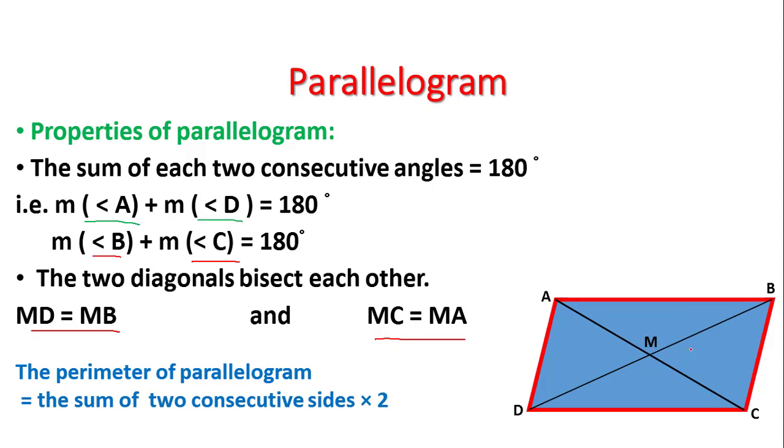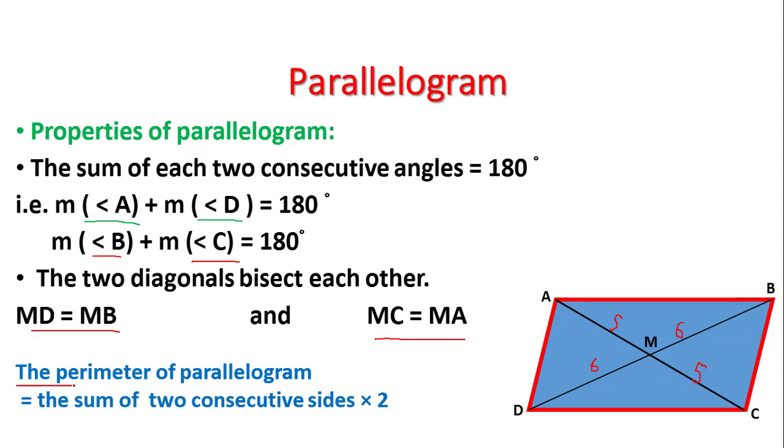But the two diagonals are not necessarily equal in length, but they bisect each other. For example, if this diagonal is 10, here we have 5 and here 5, and the other diagonal can be, for example, 12, so here we have 6 and here 6. It's not necessary that the two diagonals are equal in length, but they bisect each other.